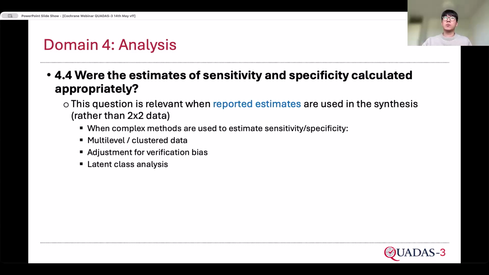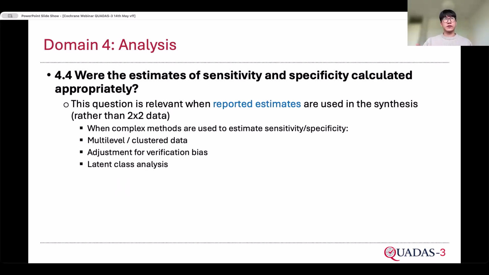Well, because maybe complex methods were necessary to estimate sensitivity and specificity correctly. For example, maybe the study has multi-level or clustered data, or the study authors adjusted for a form of bias, for example, verification bias. Or maybe the reference standard was imperfect, so the study authors decided to conduct a latent class analysis.